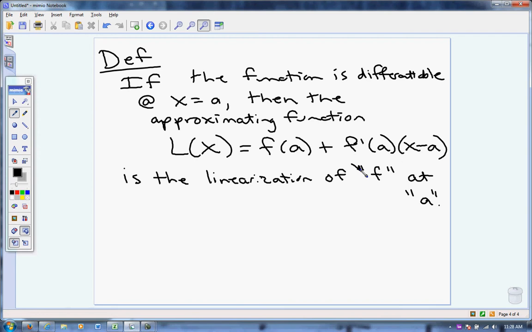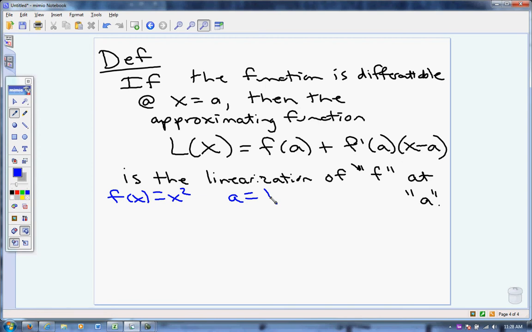Let's go back to my original problem to see how this would work out. My original function was x squared. What was my a? Wasn't it 1? On the original problem that we started the day with.